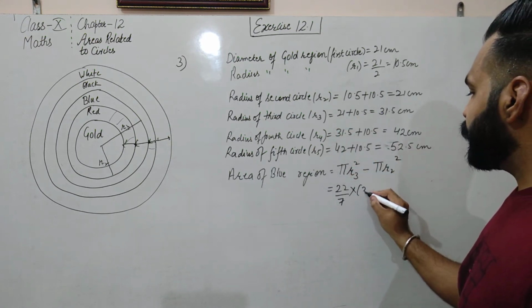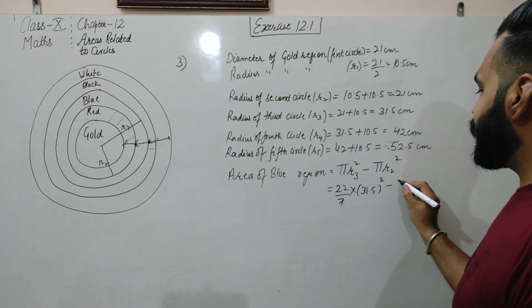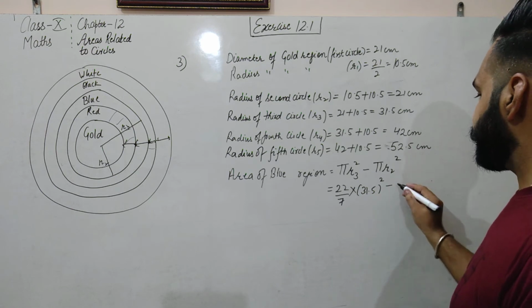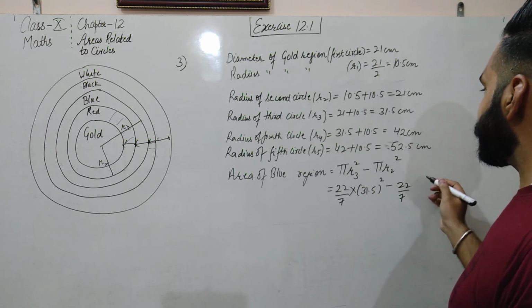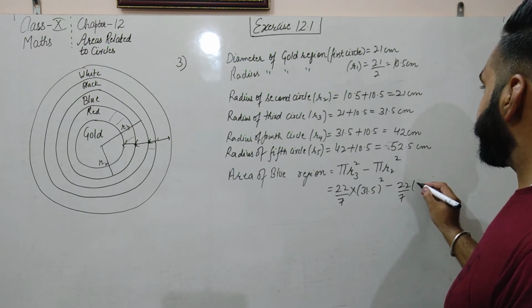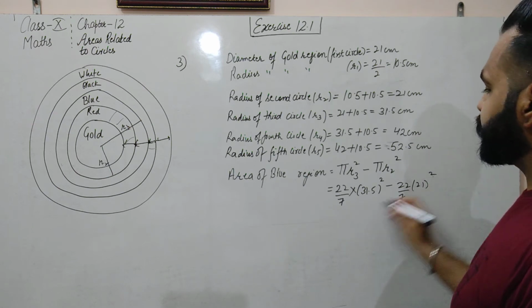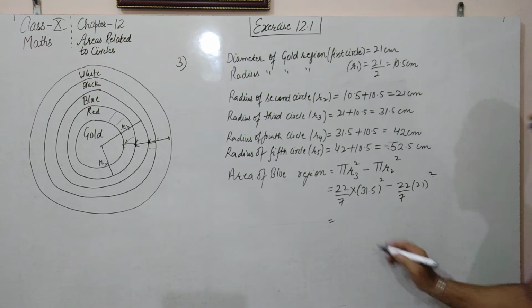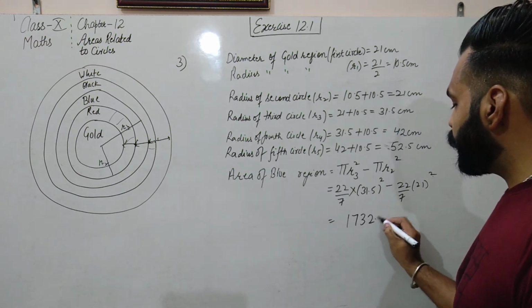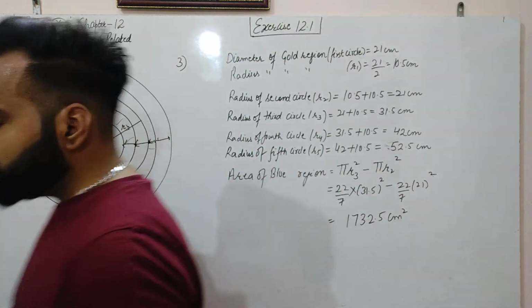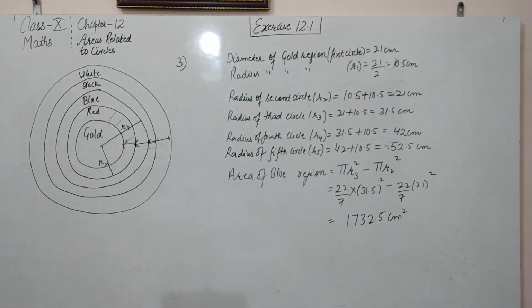R3 is 31.5 square minus pi r2 square. What was pi r2 square? We have solved in the previous part. This will be 21 into 21 square. So we have to evaluate the answer by simplifying this. So this will be 1732.5 centimeter square. So area of blue region is 1732.5.